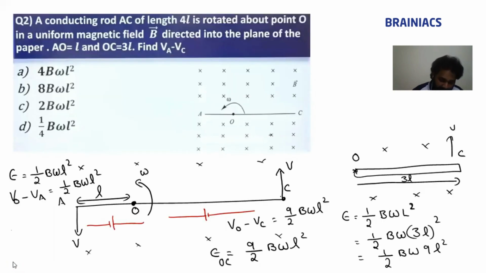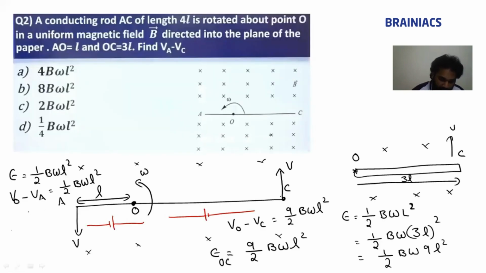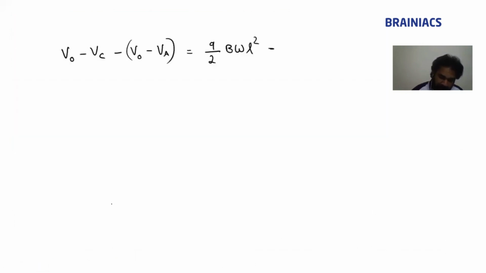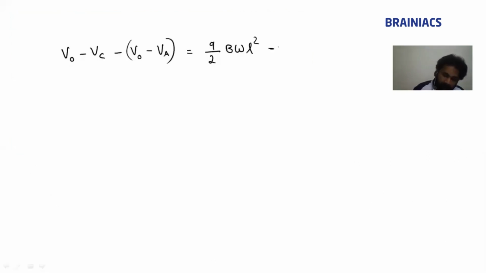Already we have found VO minus VC as 9 by 2 B omega L square, minus VO minus VA, which is half B omega L square.